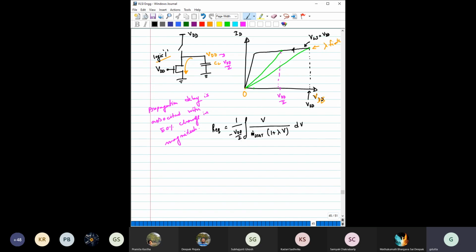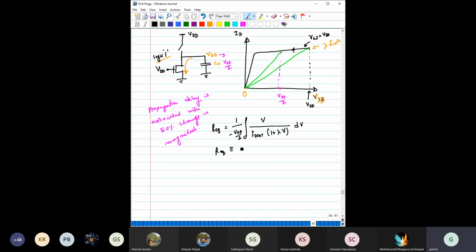If you know this equation and this V, then you should be able to calculate the equivalent resistance of this NMOS or PMOS in this way.